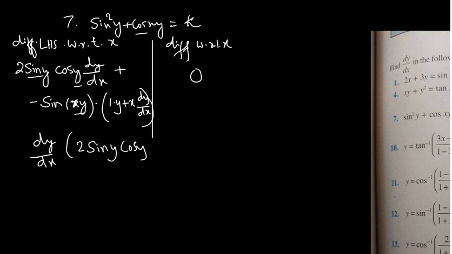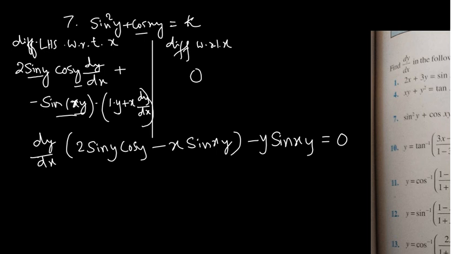So from here, this entire thing multiplies with this. So you will have minus x into sine xy. This is the dy by dx. So the next term is minus this y into sine xy. So that's equal to 0.